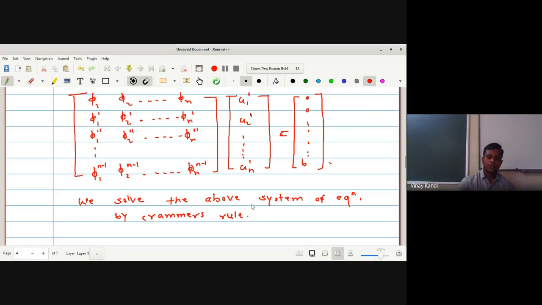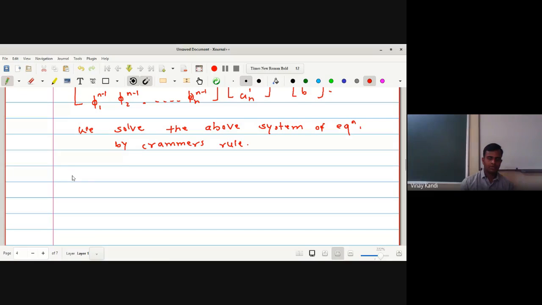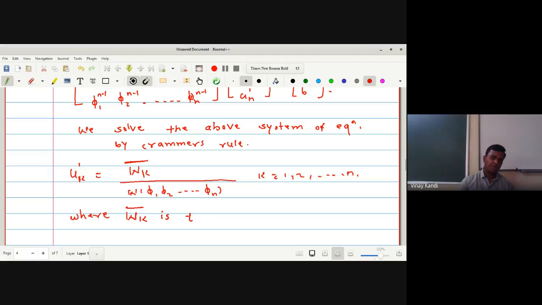Cramer's rule in general gives uk dash is equal to Wk bar upon W, the determinant of phi1, phi2 up to so on phi n, where k is running from 1 up to n. Now Wk bar is the determinant.